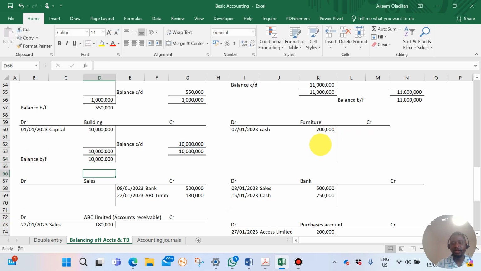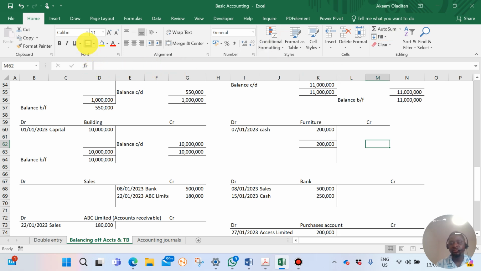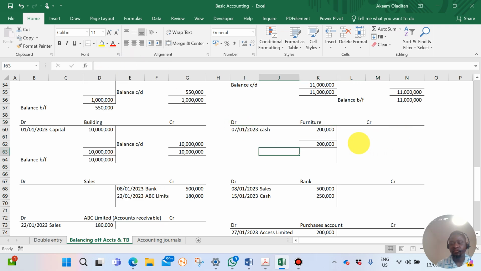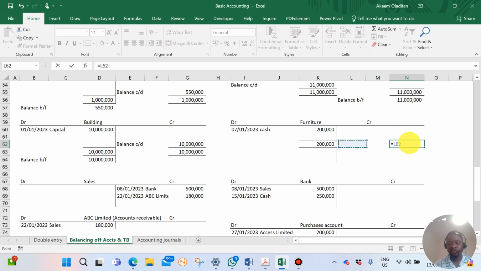Then we balance our furniture account. Our furniture account shows $200,000. The same value will be here.